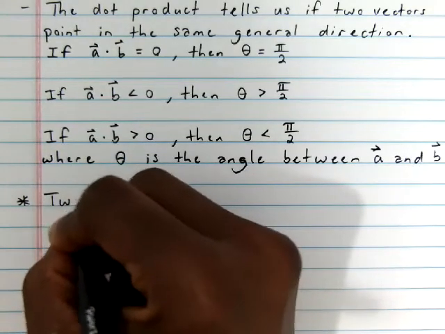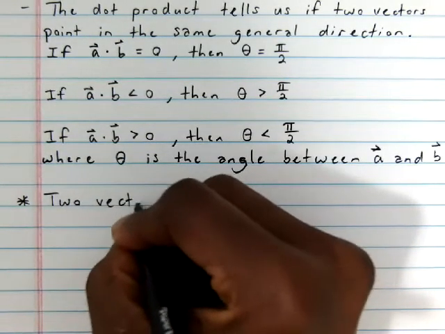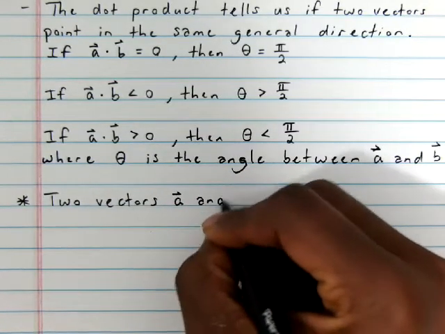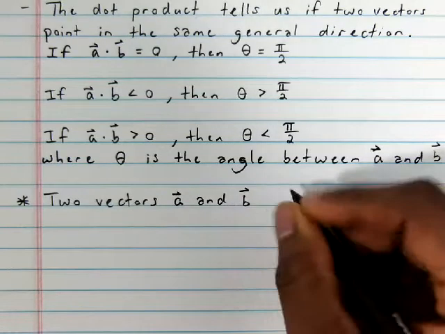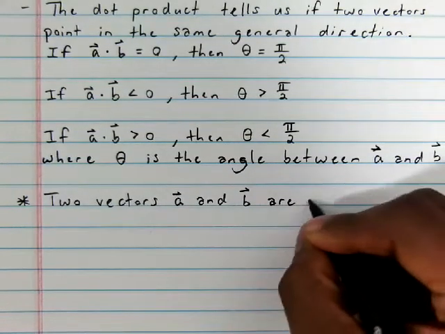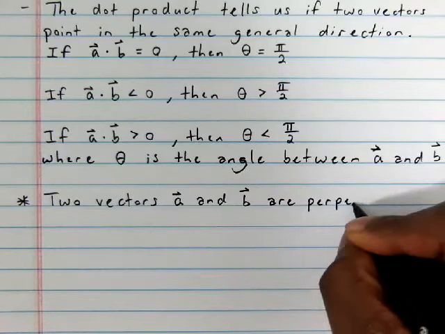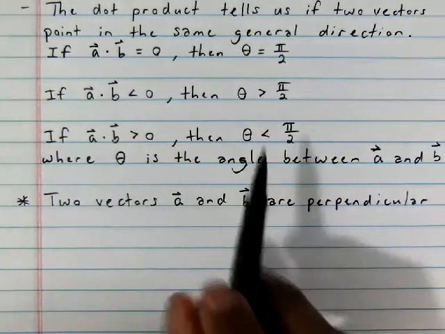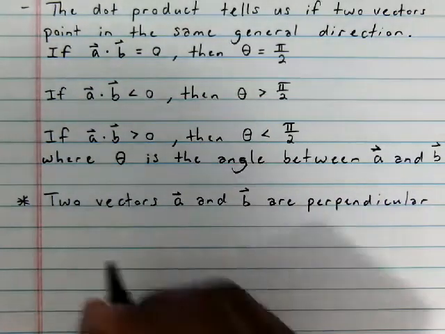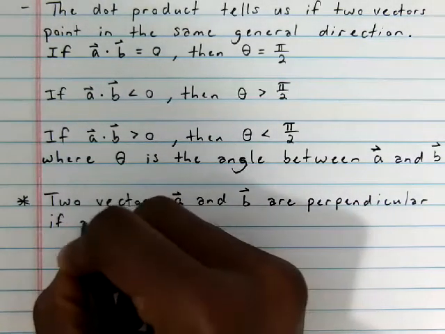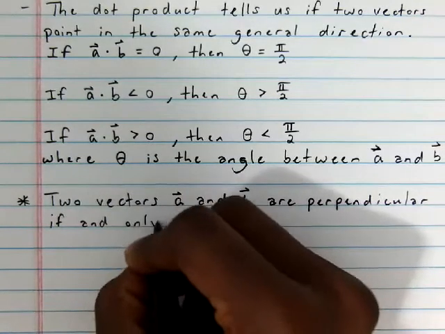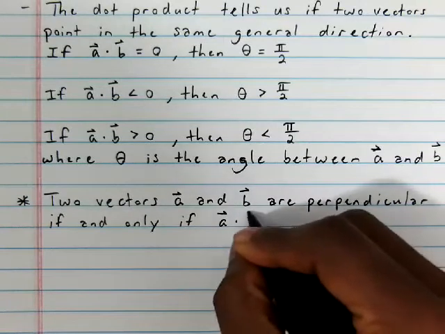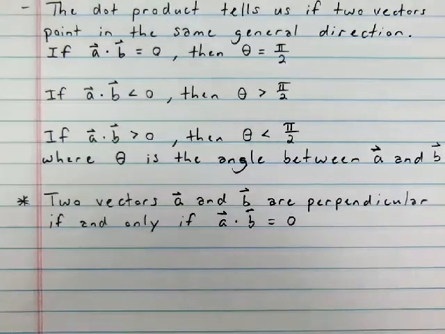Two vectors A and B are perpendicular, and we've already kind of addressed this in the last statement, if and only if the dot product is equal to 0.